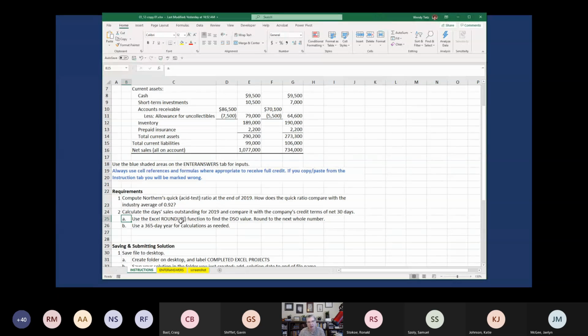We want a whole number here, and it's telling us specifically to use ROUNDUP. I want to call that out because oftentimes people calculate this answer without the ROUNDUP, and if you calculate it without it, the answer becomes 24. And you're like, this isn't right. I did it right, but it's not right because we're specifically told to use the ROUNDUP function.